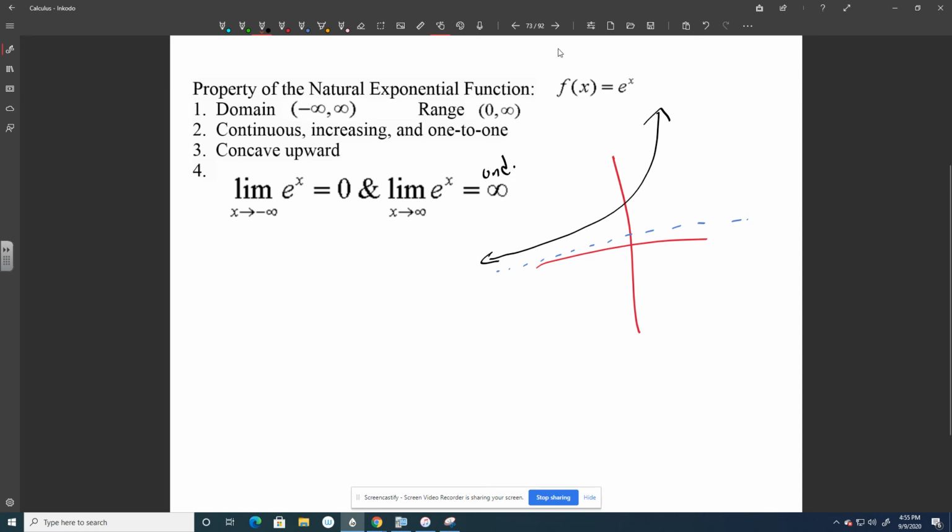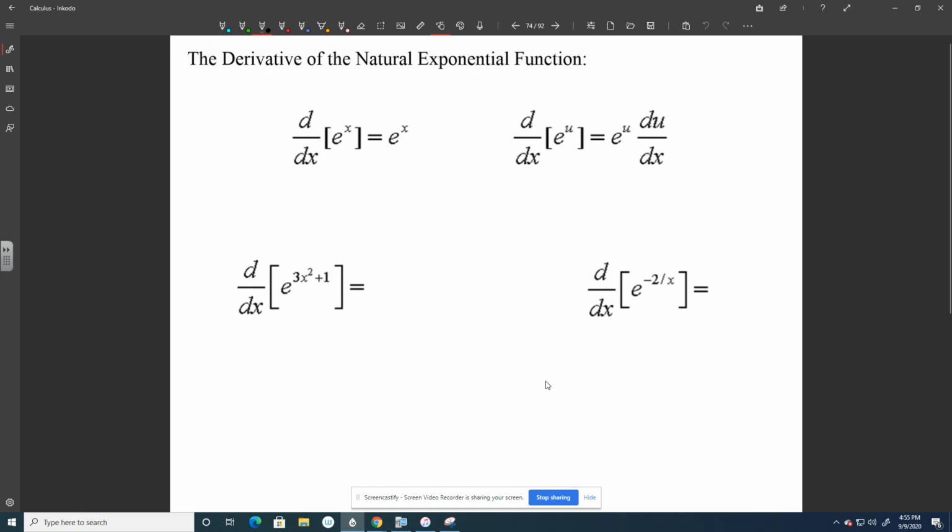All right, so putting this into calculus, we'll do a couple of these really quick. Your video's running long again. The derivative of e to the x is just e to the x. We already did that one, right? The derivative of e to the u is e to the u, but then you have to multiply by the derivative of u. Okay, it's e to the u multiplied by the derivative of u.